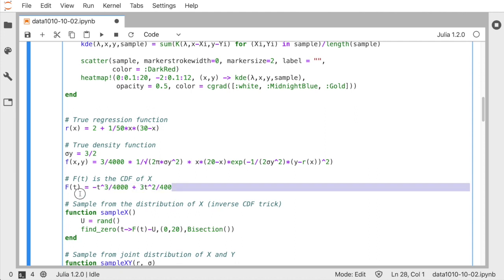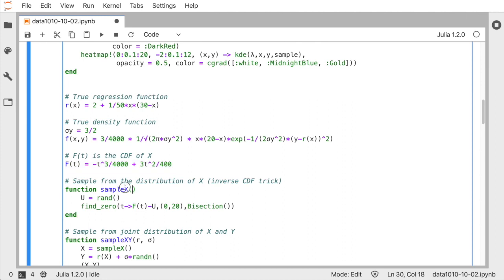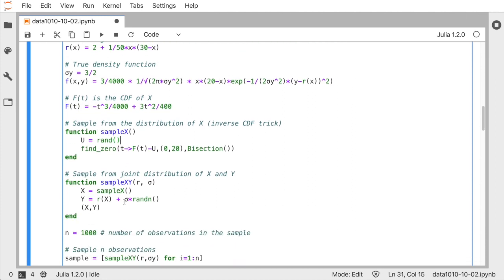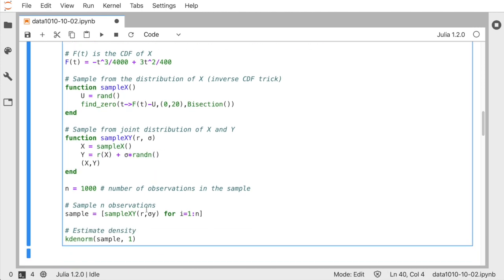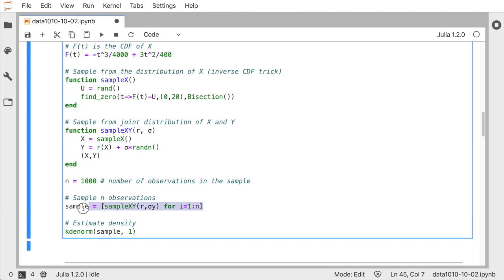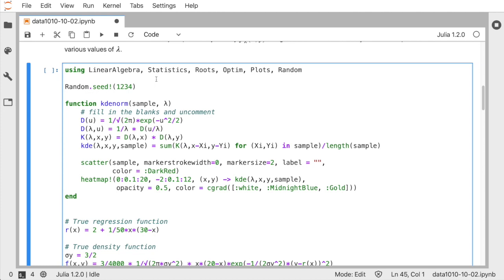So we integrate the density function for x and use the inverse CDF trick to generate x from its distribution. And then once we know x, we generate y from its conditional distribution given x. And we generate a bunch of observed samples, and we're all going to get the same ones because we set the random number generator seed here at the beginning.